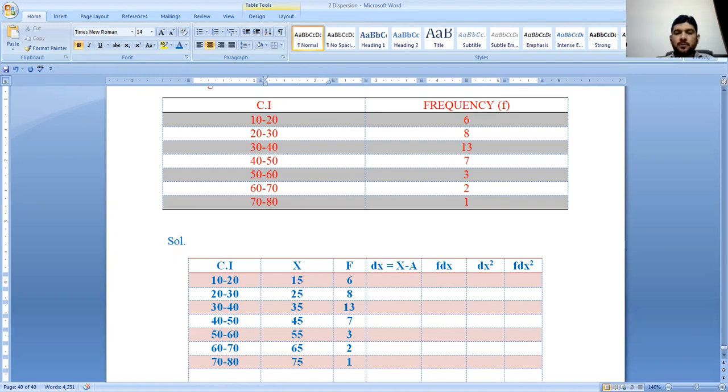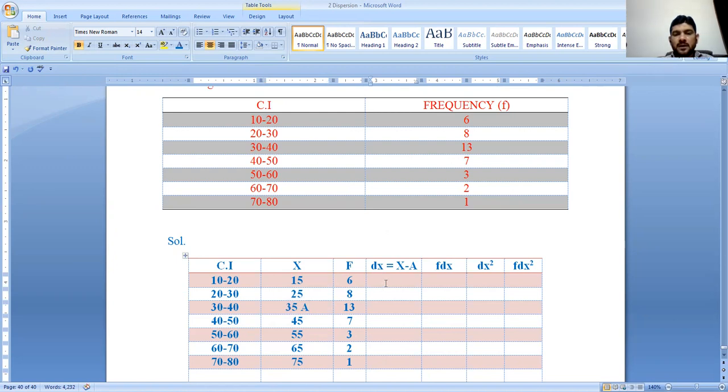Now we have to find dx in the same manner. We take any value from the x series as a; assuming I am taking 35 as a.